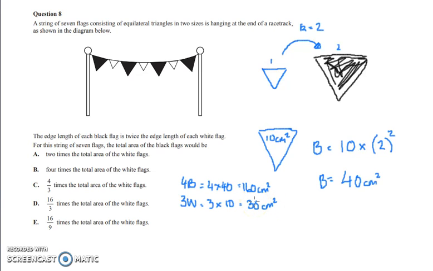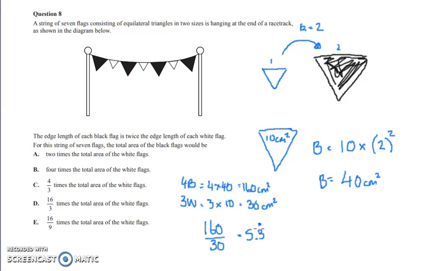We can compare that to find out how much bigger the black one is by seeing how many times the white flag area can go into the black flag area. So a simple calculation, 160 divided by 30 equals 5.3 recurring. If you're using your scientific calculator, you can press the fraction button.